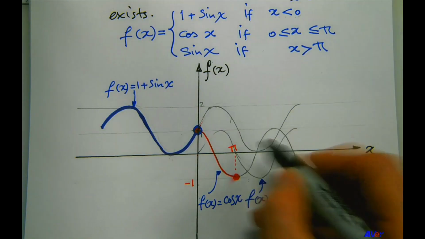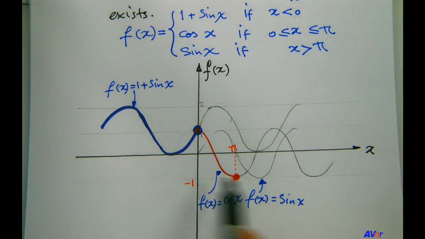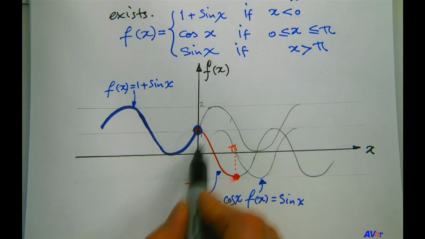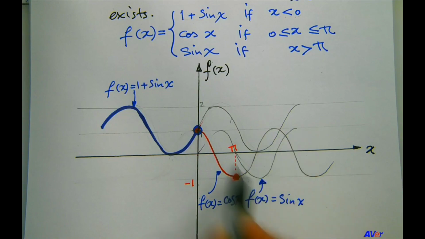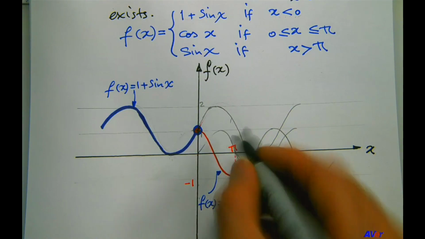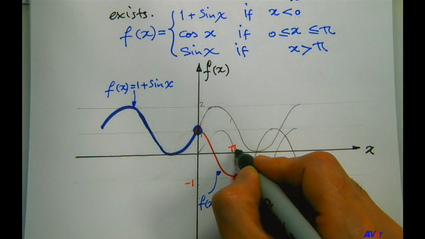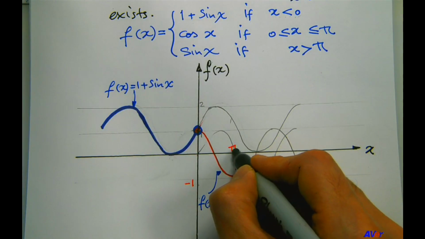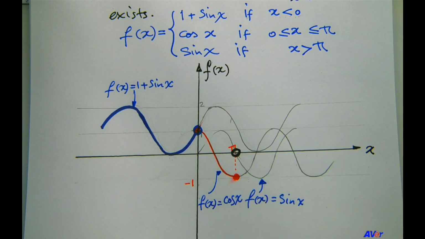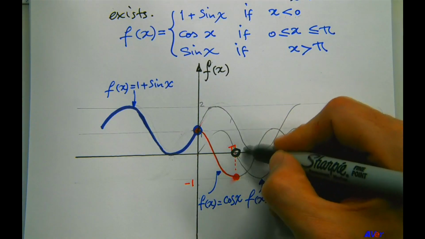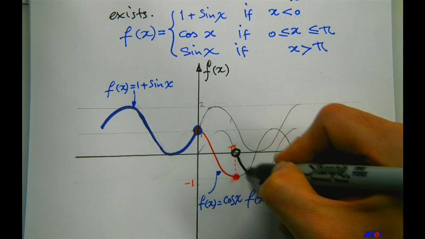So at pi, where is the sine curve? Right there. Sine of x curve is right there. Right? So that is valid for values of x that are greater than pi. So I'm going to put a hollow circle there, and then I'm going to draw the rest of this curve.